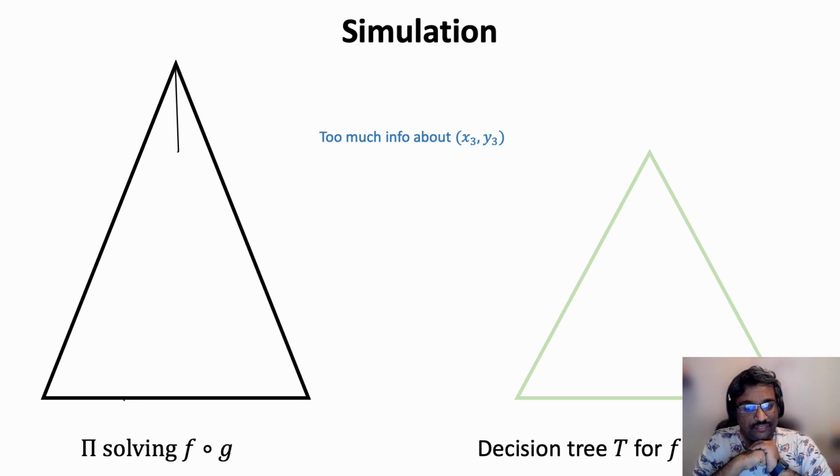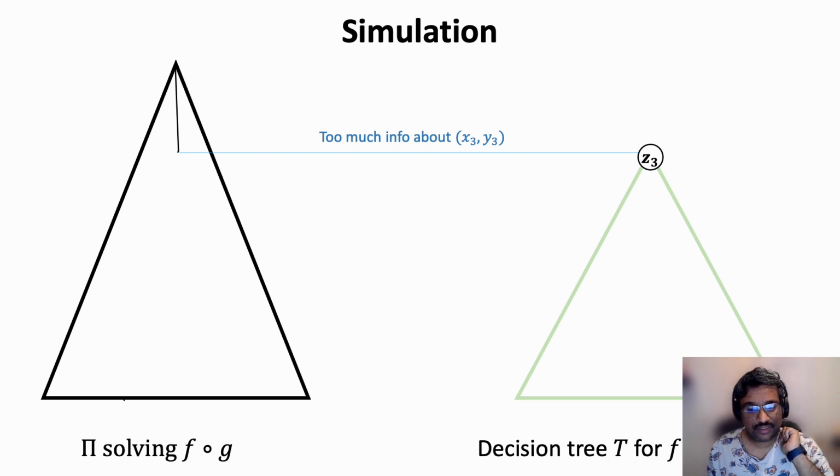And let's say we are at a node where Alice and Bob have learned quite a lot about x3 and y3. It's not all the information, but they've learned just enough information. At that point, in the simulation theorem, we would query the variable z3. So before they learn enough information about x3 and y3 to decide the value of z3, we just query z3 at this important threshold.